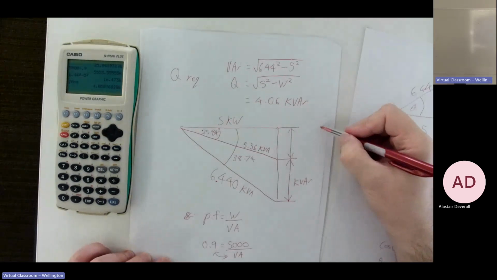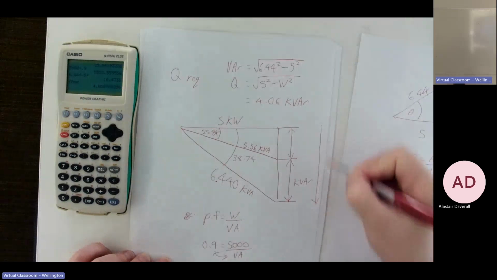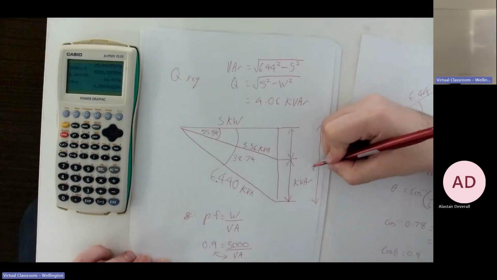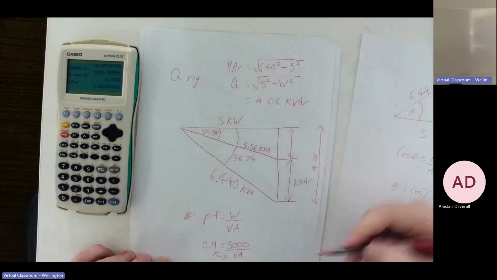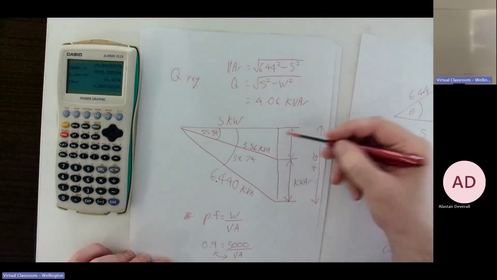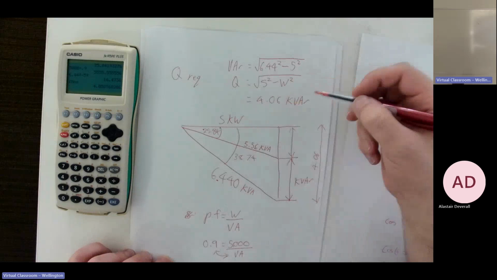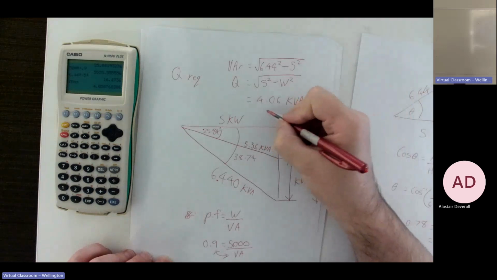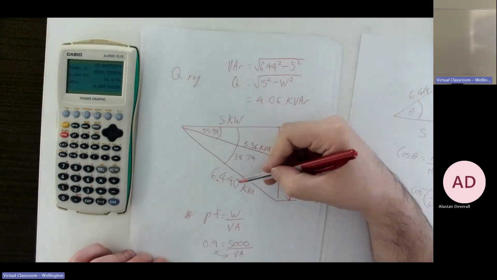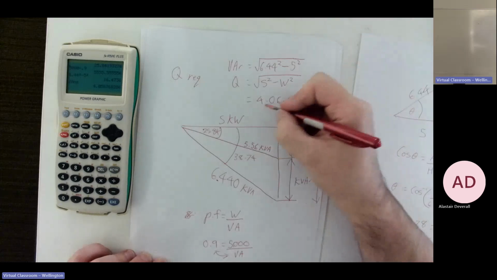So that is the total, 4.06. Now, this value here, we can also work out by doing the same figures, which is instead of 6.44, we're now using 5.56.